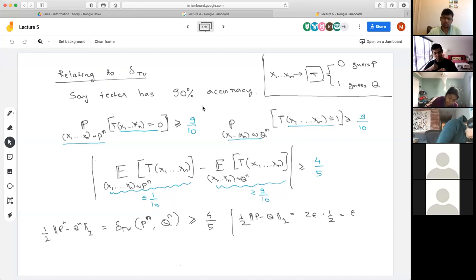And we are trying to say, can we upper bound how much it grows, so that we say that, well, you should take n at least 100 or a billion or whatever, so that it grows sufficiently to 4/5. And the problem is that it's a little difficult to analyze the statistical distance of p to the n and q to the n, even if p and q were very simple, because even though p and q had support size 2, p to the n and q to the n have support size 2 to the n.